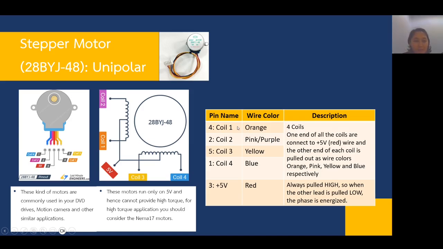In the stepper motor 28BYJ48, there are 4 coils. One end of all the coils is connected to 5 volt, like in this picture.